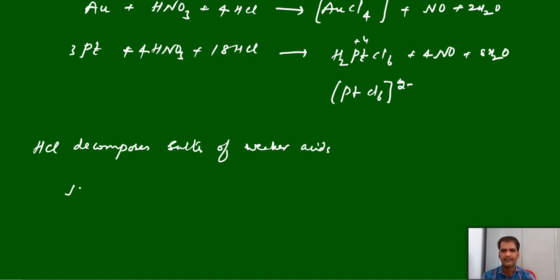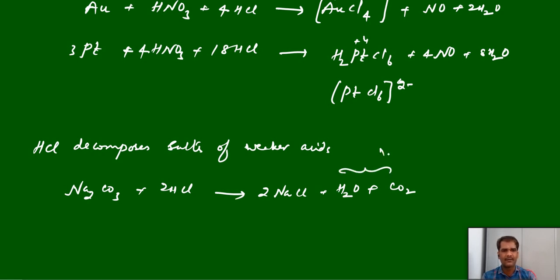Like this, you take sodium carbonate, a salt of carbonic acid, strong base weak acid, we will get a salt of strong acid strong base, sodium chloride. It replaces carbonic acid. Carbonic acid is further decomposed into water and carbon dioxide.